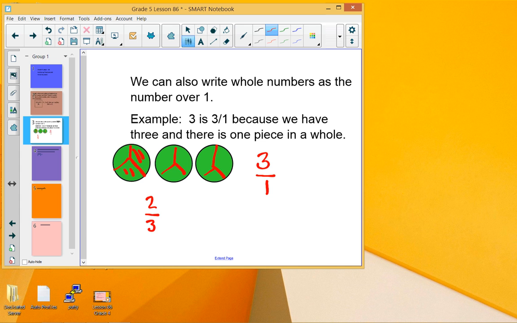But in this situation, we're looking at 3 complete pizzas, pies, cookies, whatever you want them to be. And in doing so, we are saying that there's a whole. It's complete, and that's why the number 1 is on the bottom there. It's a complete 1, so it's whole.